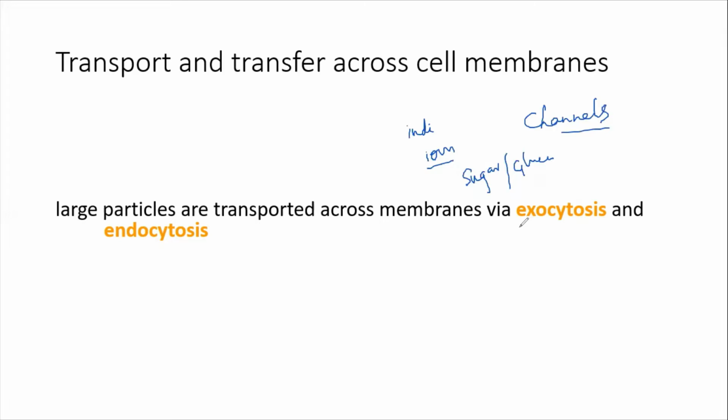There are two ways: exocytosis and endocytosis. This is something which you guys already know. Exo is something which is going out of the cell, correct?